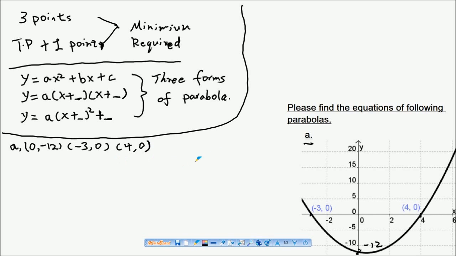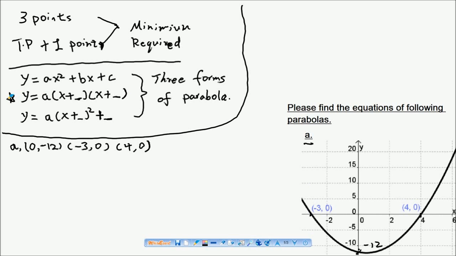There are 2 different ways of doing it. Let's do it by the simple way, which I prefer. In this parabola, the graph already shows us the x-intercepts, so we can use this formula.